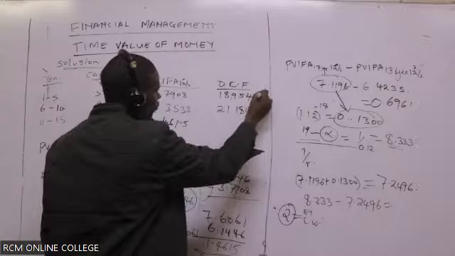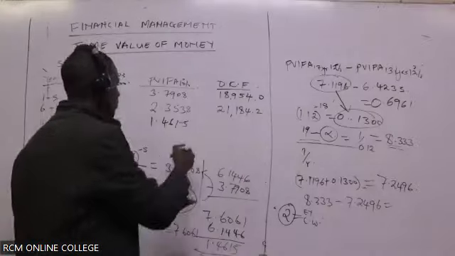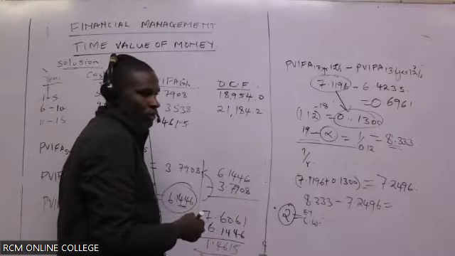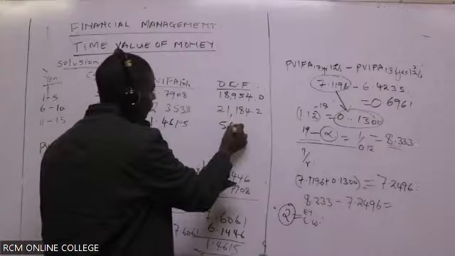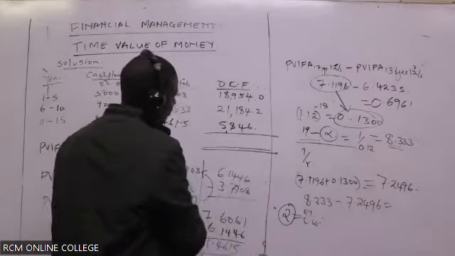The last one is 4,000 times this, 5,846. And that's all. We get our total present value.